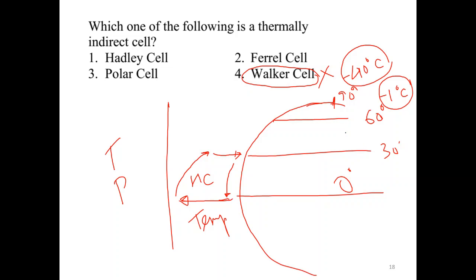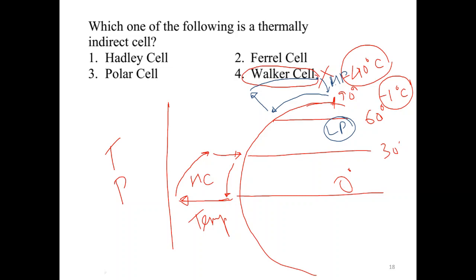Now, what will happen? The poles will be at high pressure while this area will be at a relatively lower pressure. The wind goes from high pressure to low pressure. So this will be the direction of the wind. We see a rising arm, a returning arm, and then a sinking arm.